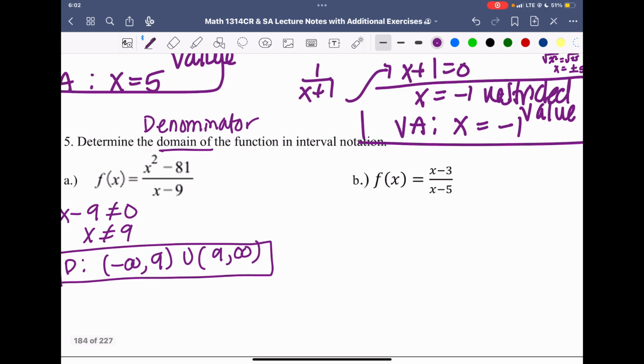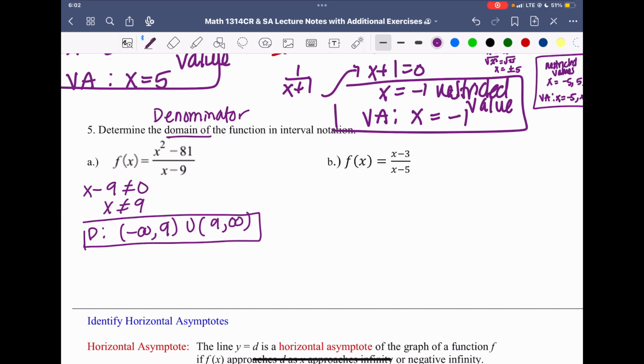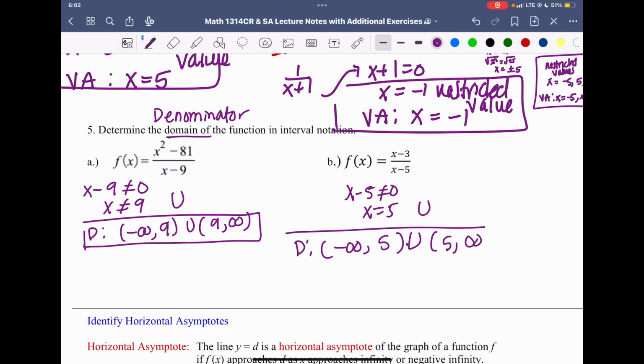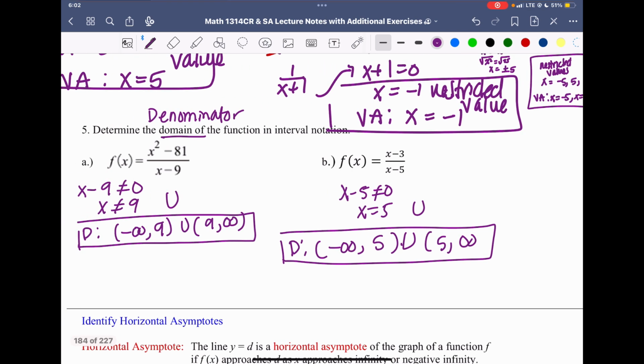For the domain of B, you take the denominator and say it cannot equal 0. So x minus 5 cannot equal 0, x cannot equal 5. That's where we have our union, everyone. So negative infinity comma 5, union 5 comma infinity. That's the domain of that rational expression, or rational equation, excuse me.